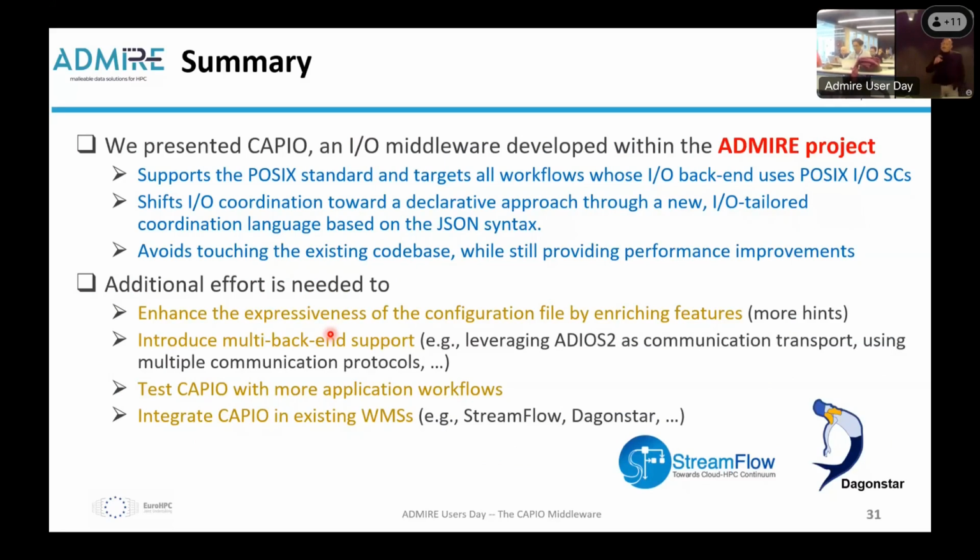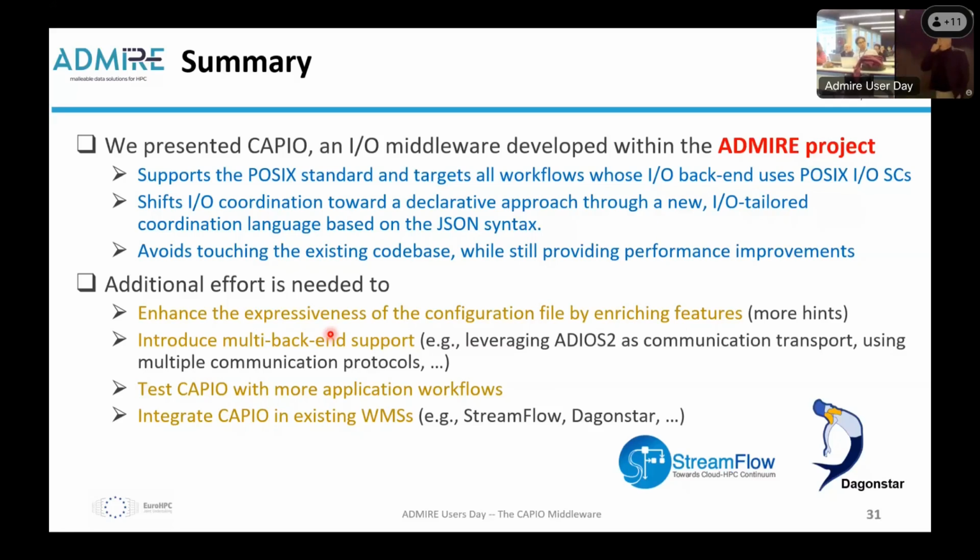Basically, what we did with CAPIO is to shift the IO coordination towards a declarative approach. So we don't want to touch the code for introducing coordination, but we separate the coordination using a separate file specifically for doing this.